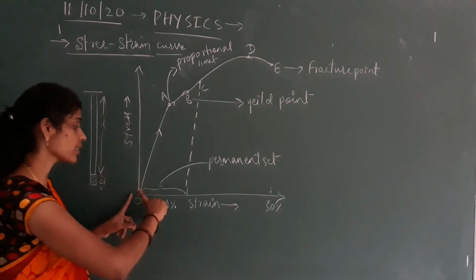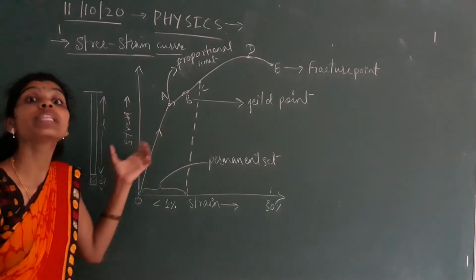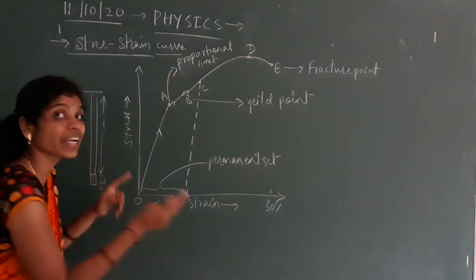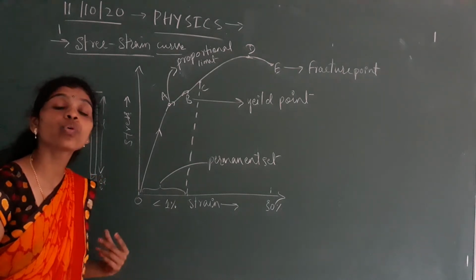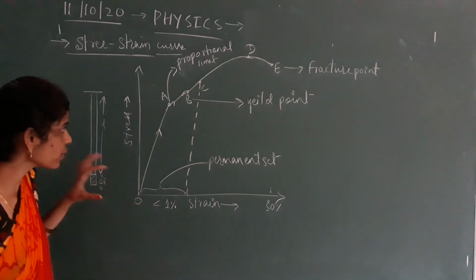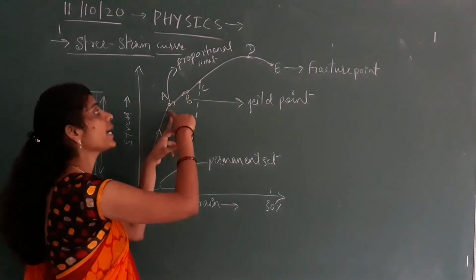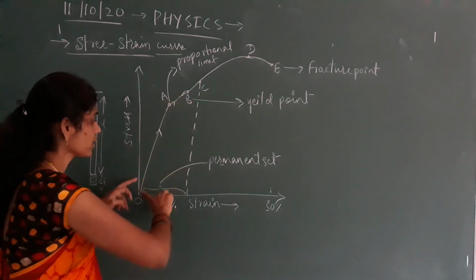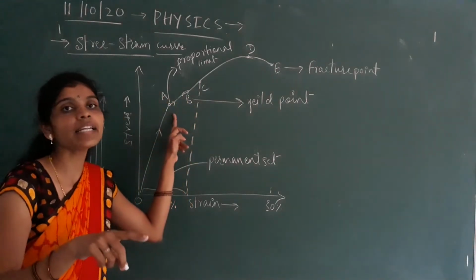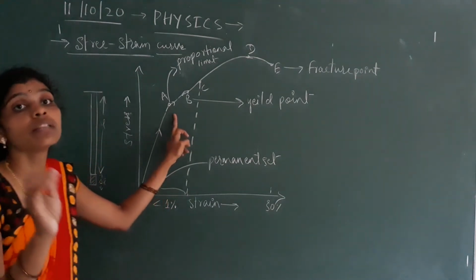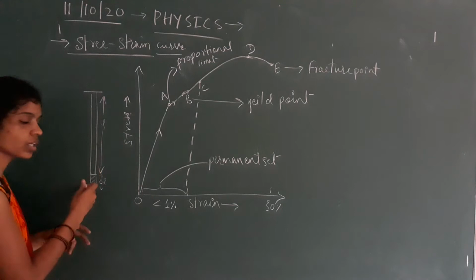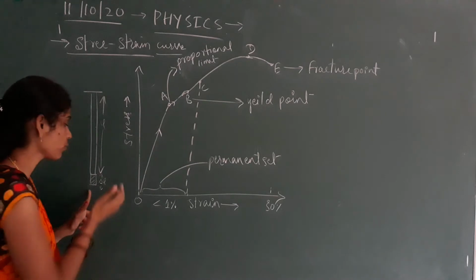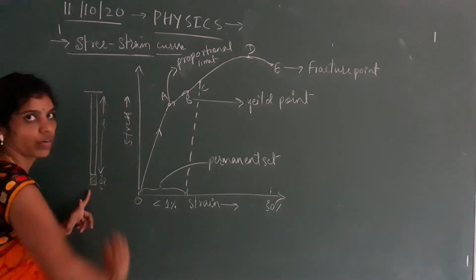So stress is directly proportional to strain within the elastic limit. In this region both stress and strain are directly proportional to each other. Therefore, Hooke's law is valid. From O to A the curve is linear, and when we apply force on the rod, deformation of the length takes place; when we remove the deforming force, it regains its original configuration.